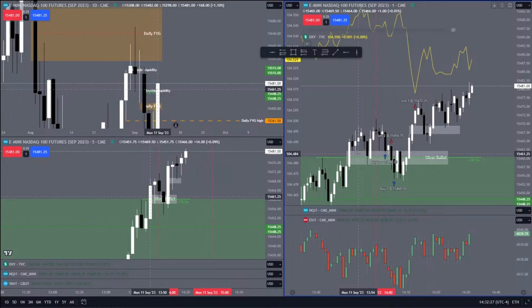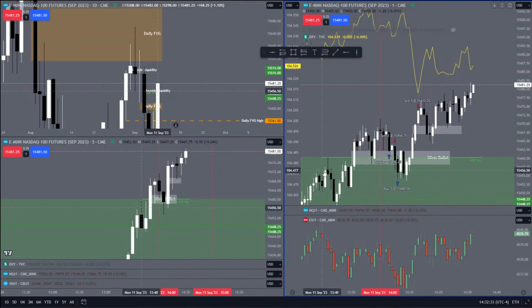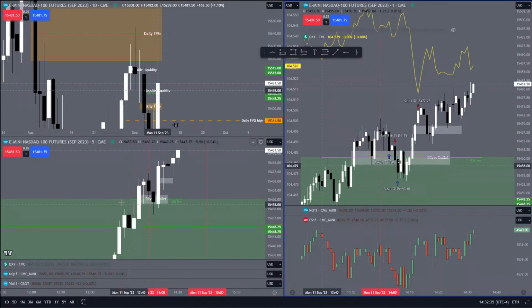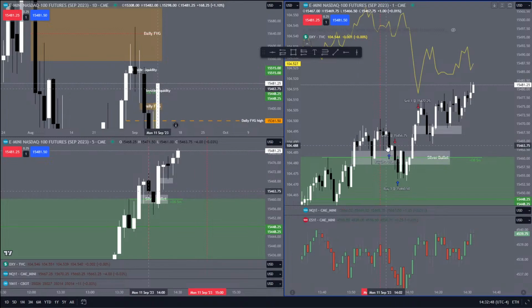I chose that fair value gap because it was the one that made a higher high. It coincided with this 5-minute order block high right here. You can see we respected it once, came back up, and I entered right there.